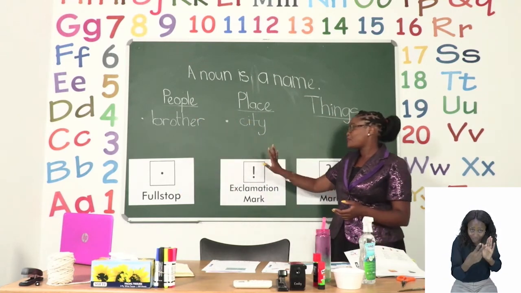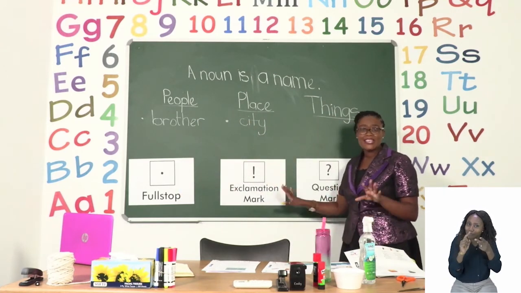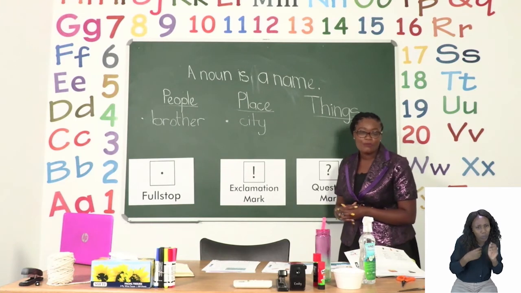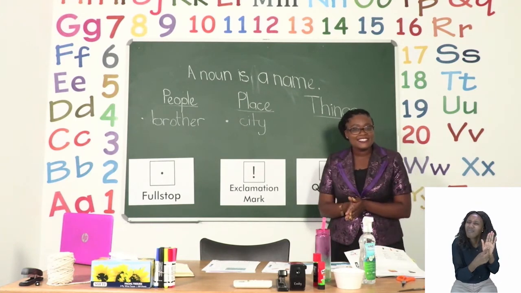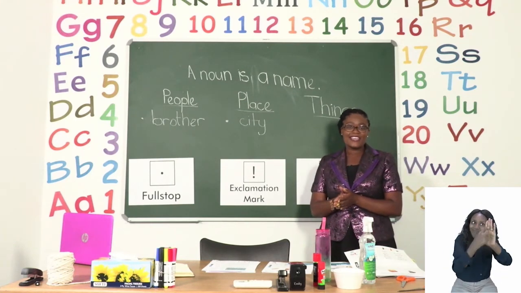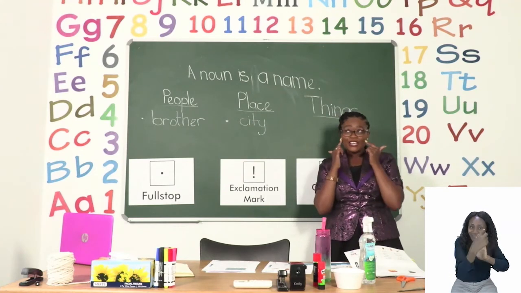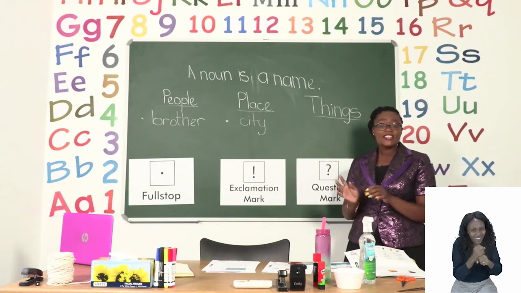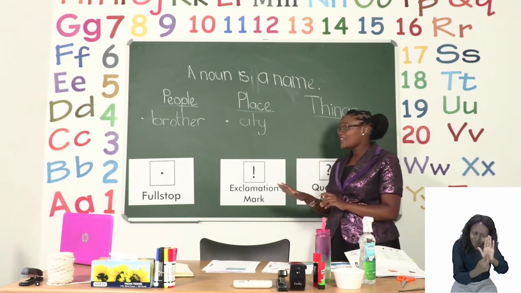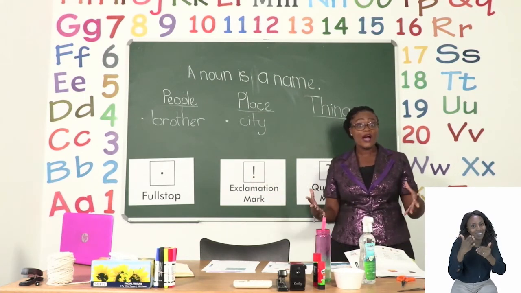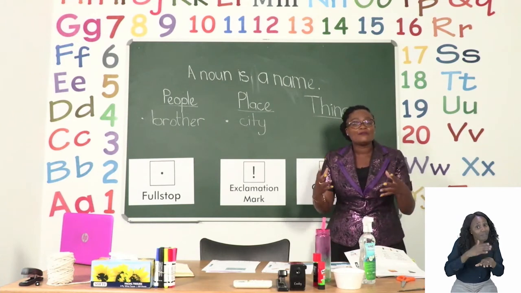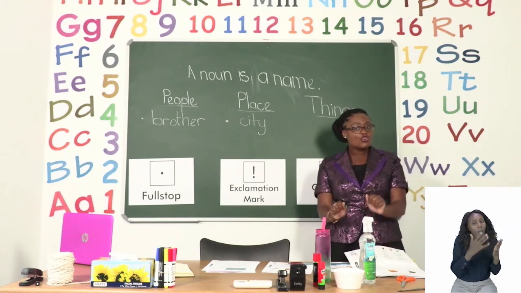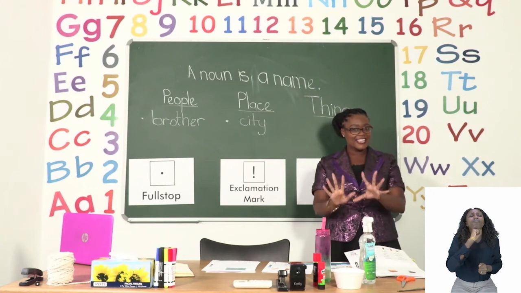The next one that we may not know is called an exclamation mark. Let's all say exclamation mark. Yes, it's kind of tricky in the mouth, but if you keep on practicing, you'll be able to say it. Now, an exclamation mark is used when we are surprised or we're trying to emphasize, make a strong point in the sentence.